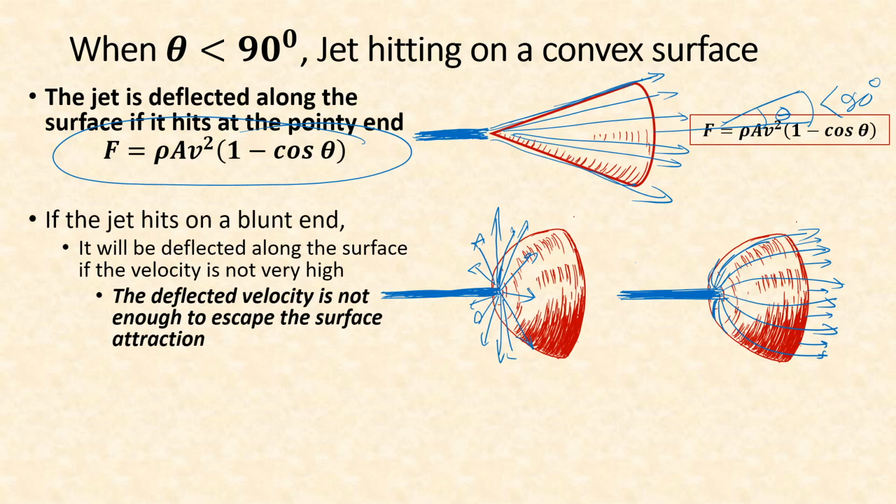If the velocity is not very high, in that case, this case will happen where water will stick to the surface, and the only reason for this is the surface tension, or rather than calling it surface tension, we should call it the adhesive force, or the attractive force between the surface material of the plate and the fluid, suppose water or some other fluid.